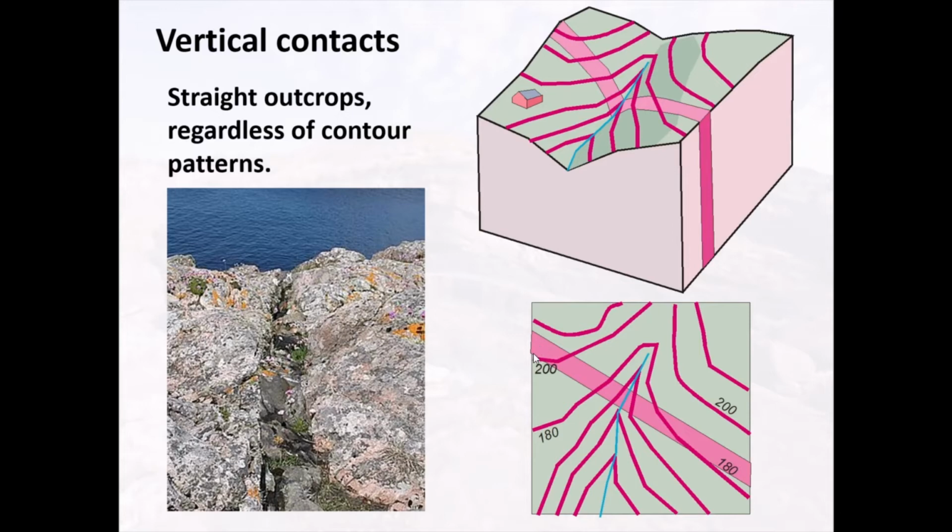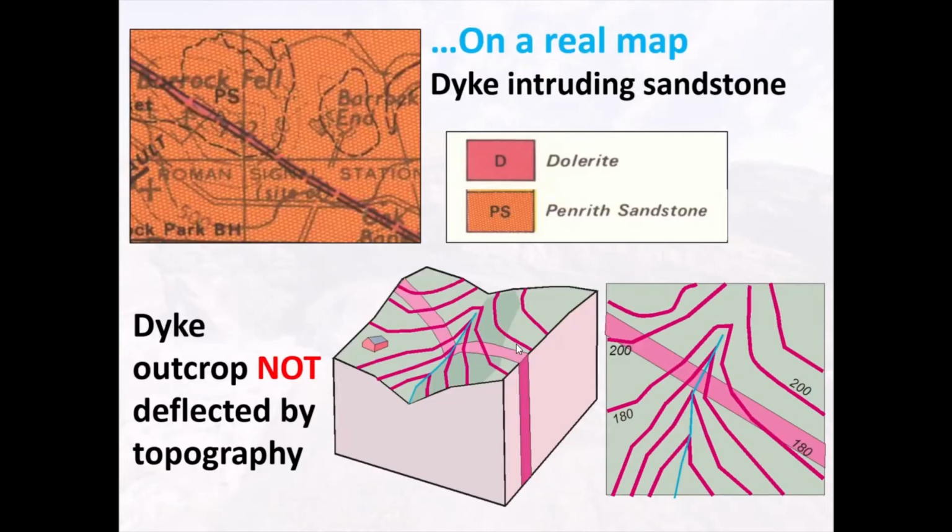Okay, just to prove that this actually happens on real geological maps, here we have a subsection of the Penrith map with the orange colour being the Penrith sandstone, and that thin pink feature is an igneous dike, a dolerite intrusion. And hopefully you can just about make out the very faint ground contours.